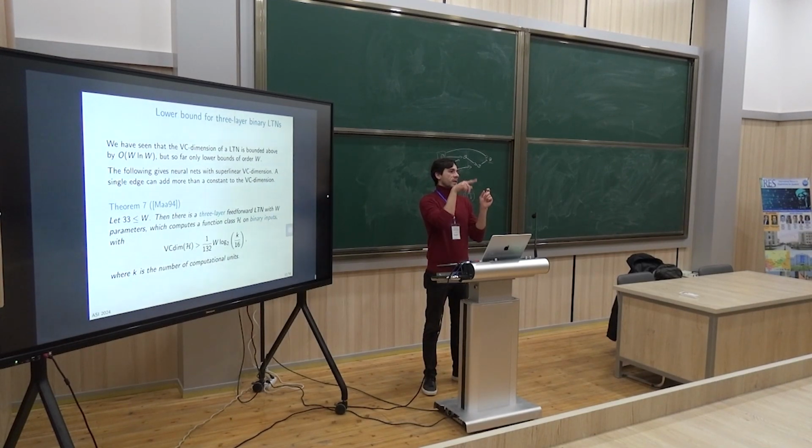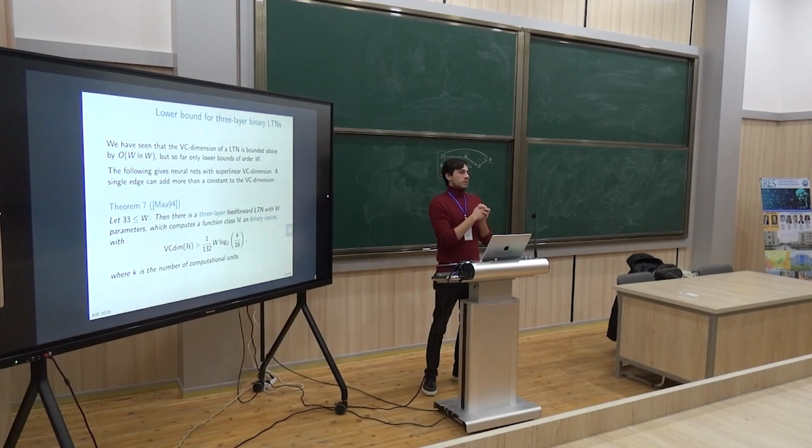That means for every parameter you add, you are adding at most C to the VC dimension. So if you can show that it is actually superlinear, that means you have to be adding more than just a constant C. So how would adding a single edge do more than that?